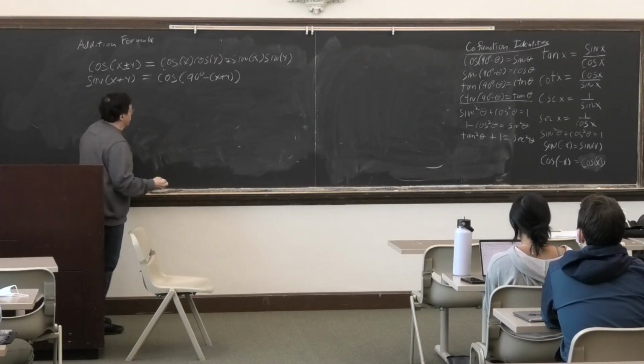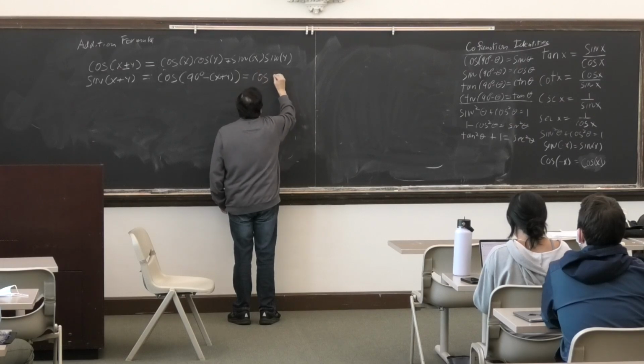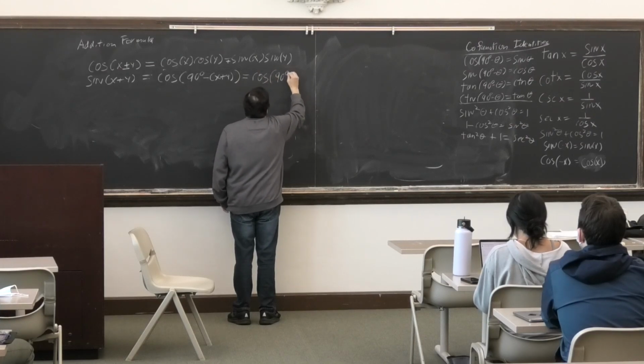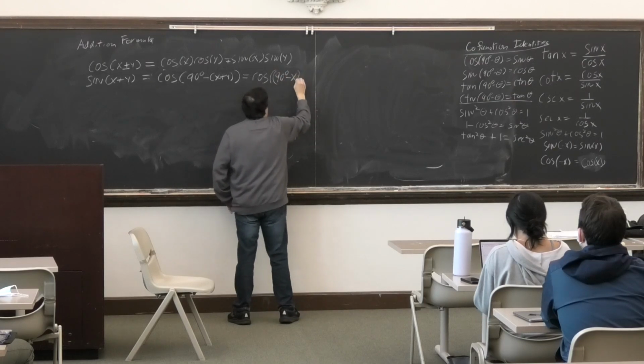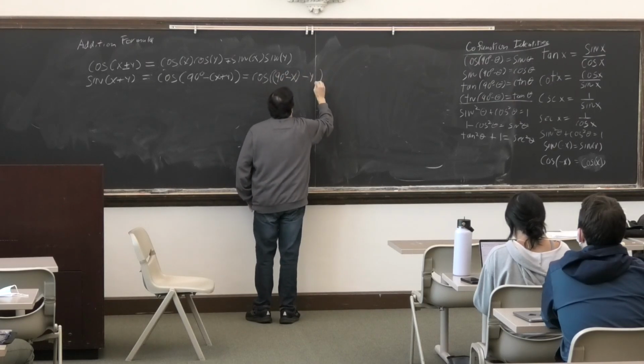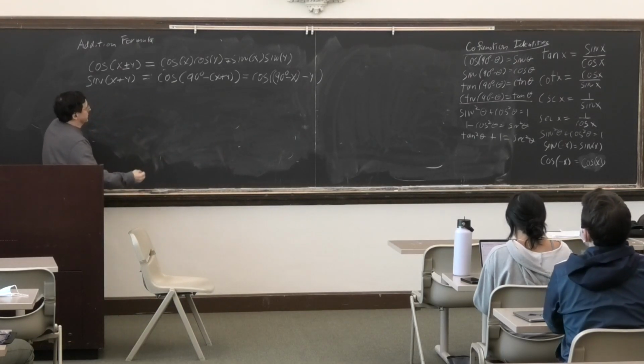Going down a slightly different path. This is cosine of 90 degrees minus x minus y. Maybe that'll work out better. All right.